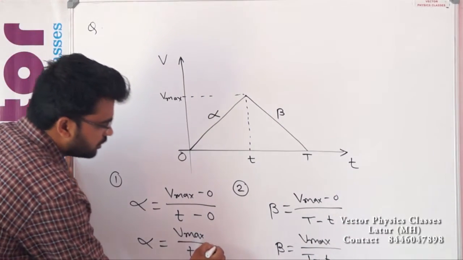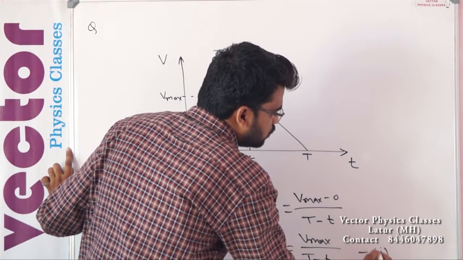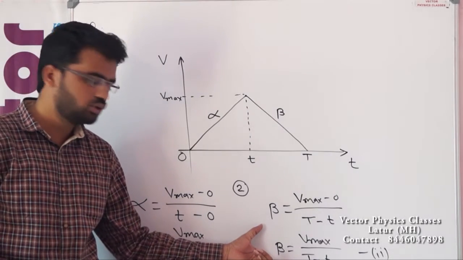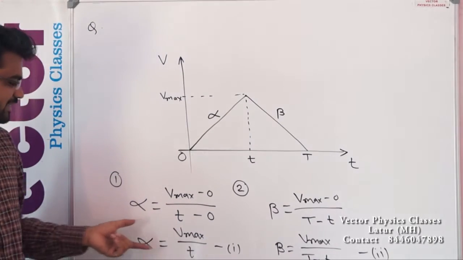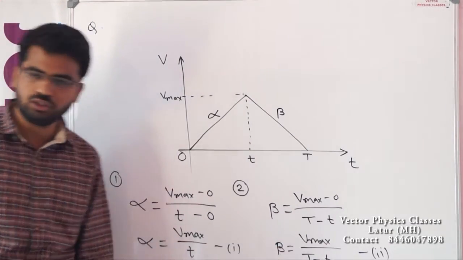So from equation number 1 and equation number 2, we can write Vmax is equal to alpha t, and Vmax is equal to beta into capital T minus small t.